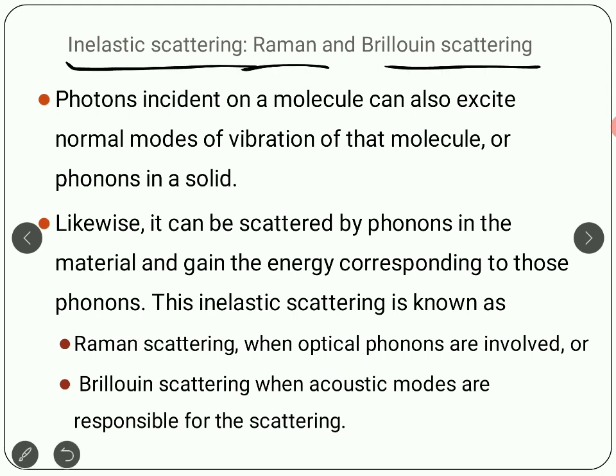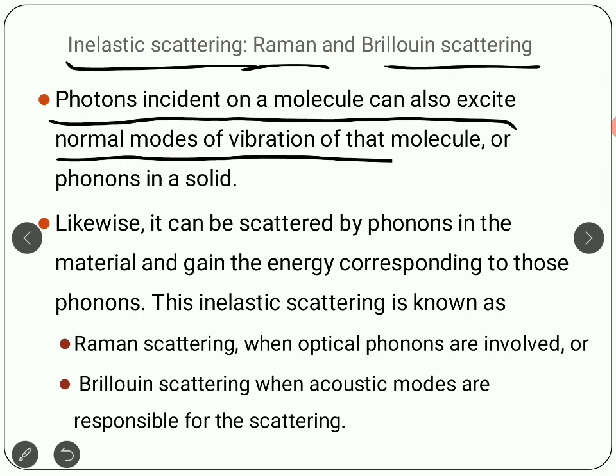And then let us go to inelastic scattering, which we call Raman or Brillouin scattering. Now, the Raman effect is something which is very much studied. It is an optical phenomenon. What happens is photons incident on a molecule can also excite normal modes of vibration of that molecule, or of a solid. If you consider the modes of vibration in a solid, we have what we call normal modes of vibration.